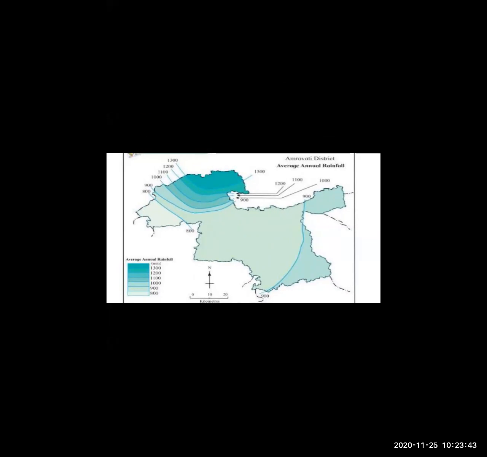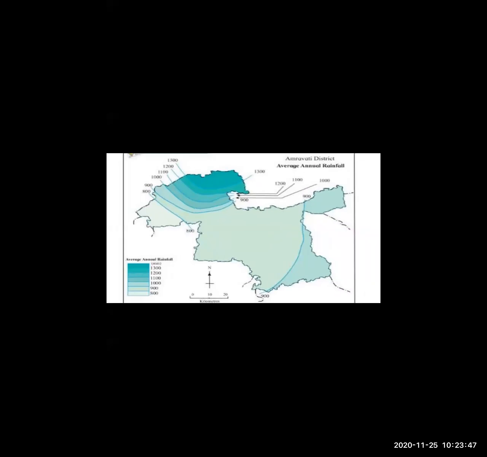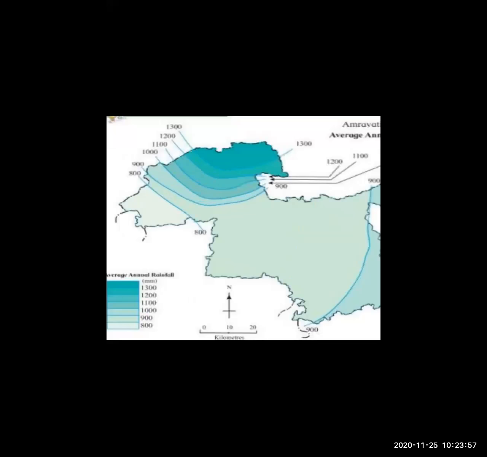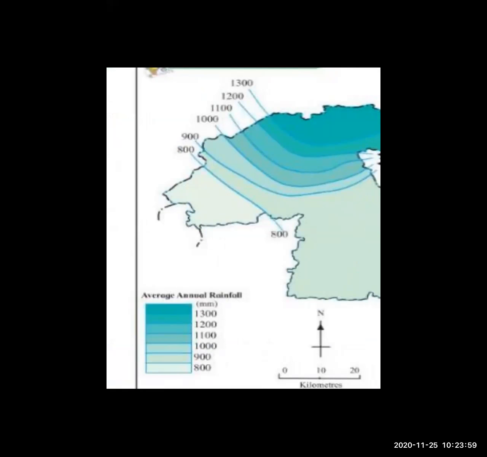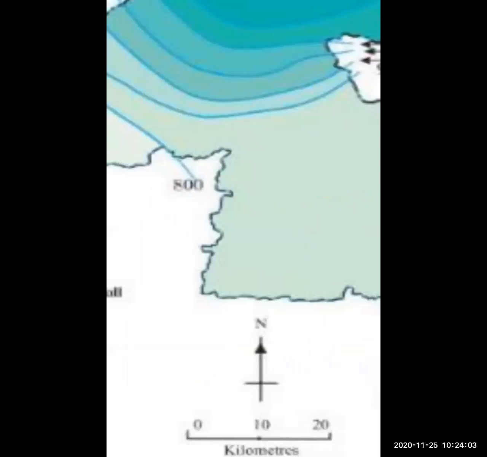Now the next and last question, what is the lowest average annual rainfall? Okay, 800 millimeter. Someone is saying 600. No, it's 800 millimeter, student. Yes, the answer is correct.